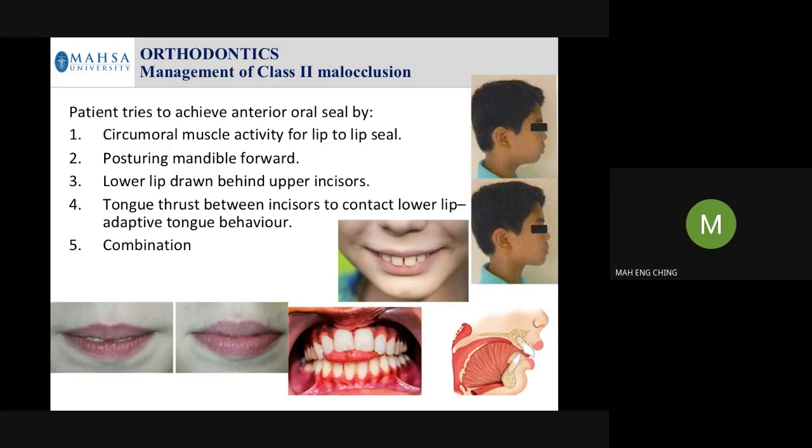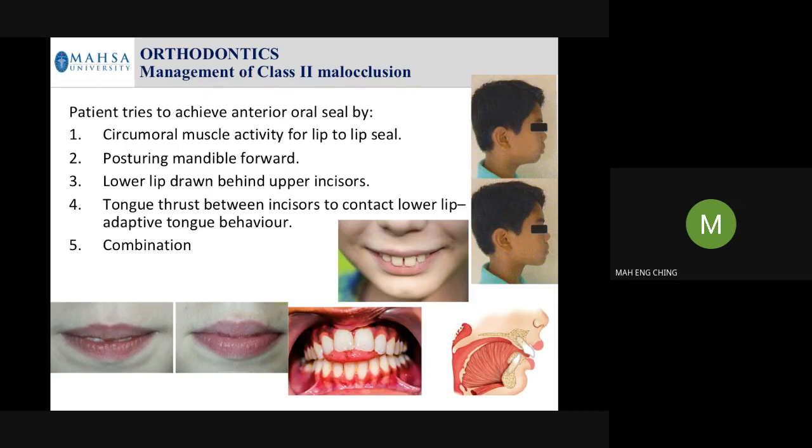By bringing the mandible forward, the lip can cover the top teeth and bring the lips together. Sometimes they can forcefully bring the muscle, stretch the muscle a little bit, using circumoral muscle activity for the lip-to-lip seal. If they are at rest, the lip is not competent, but if they consciously bring the lips together, they can achieve this oral seal.